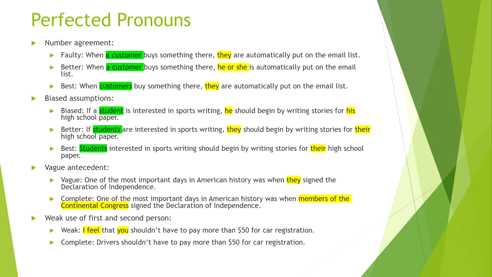Sometimes it's best to just go ahead and put the thing you're referring to in the sentence to be clear about who the they is. Okay, now, and there's also, as I mentioned, a problem with weak use of first and second person. Here's an example that incorporates both of those problems. So I feel that you shouldn't have to pay more than $50 for car registration.